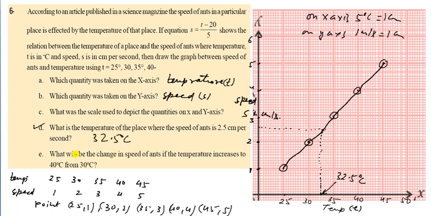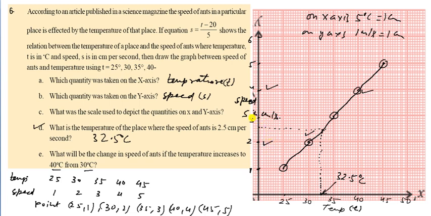32.5 degrees C. Now, what will be the change in speed of ants if the temperature increases from 30 to 40? First of all, 40 is here, and 30 is here. You can see the speed at 40 is 4, and at 30 the speed is 2.